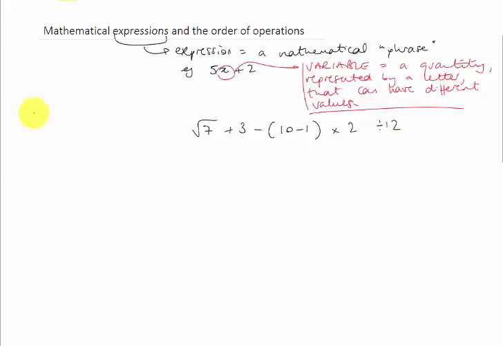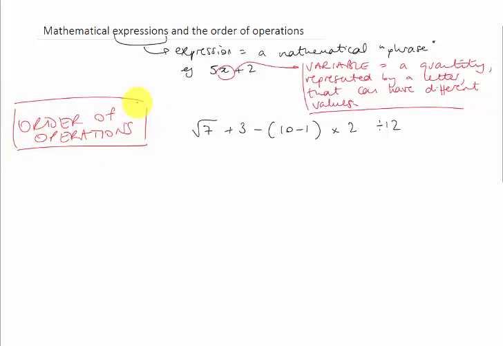And how do we do that? Using the order of operations. So it's been decided that this is the order that we should use to simplify our expression. There are different acronyms for this. Let's say BEDMAS is the one I happen to like.